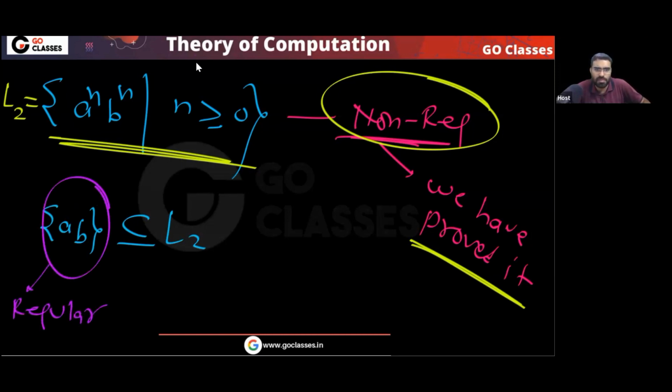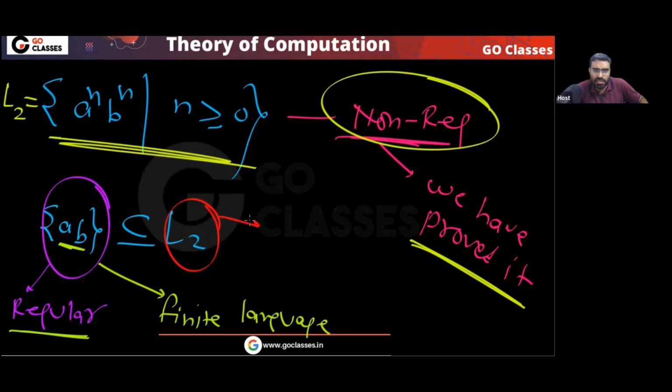Yes or no? Do you agree with me? In this language, you have only one string. This is a finite language, only one string you have. Can you notice L2 is a superset of this language, but this is non-regular.